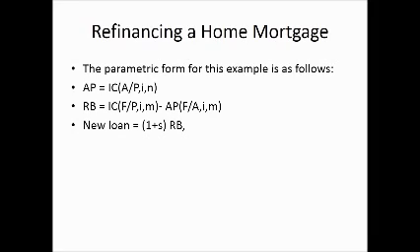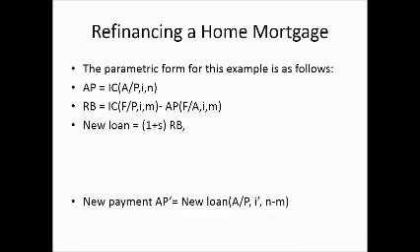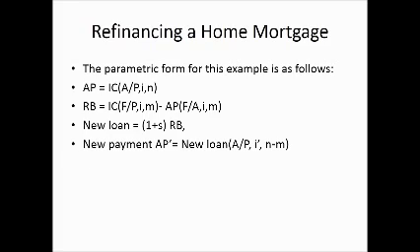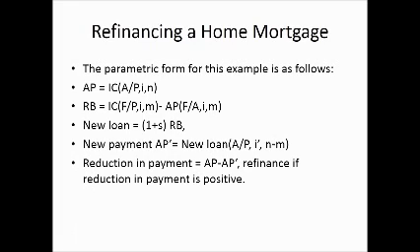Your new loan amount is 1 plus the service rate in percentage times RB. Your new annuity payment is new loan amount times A over P factor, A over P, I prime and N minus M. That's your new capital recovery factor with a new interest rate and reduced length of plan period. Reduction in payment is AP minus AP prime. Refinance if the reduction in payment is positive.